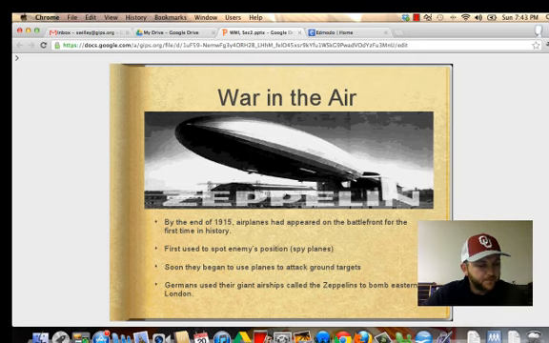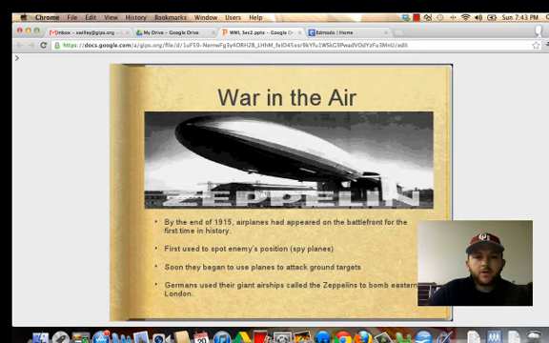Okay, war in the air. By the end of 1915, airplanes had appeared on the battlefront for the first time in history. They are first going to be used to just spot enemies' positions. They are going to be called spy planes. They weren't used to attack. All they did was fly over so that they could identify where the enemy was.